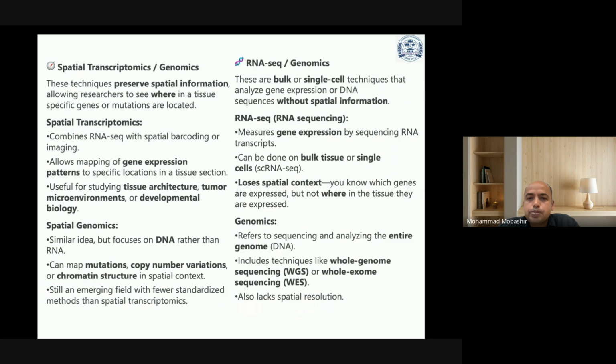It loses the spatial context. You know which genes are expressed, but not where in the tissue they are expressed. Genomics refers to sequencing and analyzing the entire genome or DNA. It includes techniques like whole genome sequencing or whole exome sequencing. It also lacks spatial resolution.